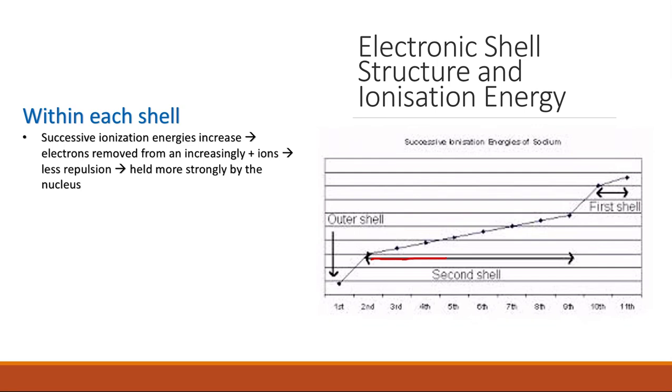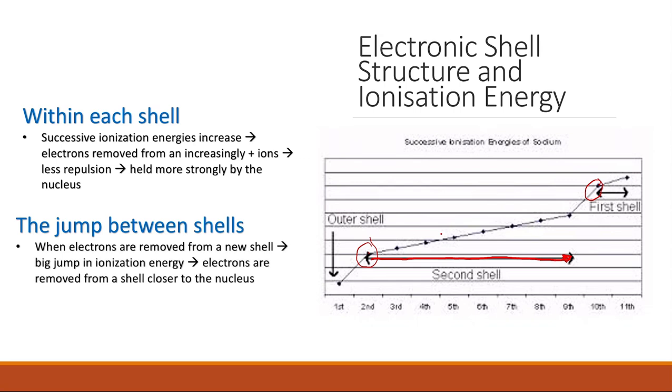For example, the second shell for sodium, as you can see, there is an increase in the ionization energy as we remove one electron. And then we will notice that there is a jump here. So there are two jumps here. This is the first jump and this is the second jump in the ionization energy. This jump represents removal of an electron from a new or a different energy shell.